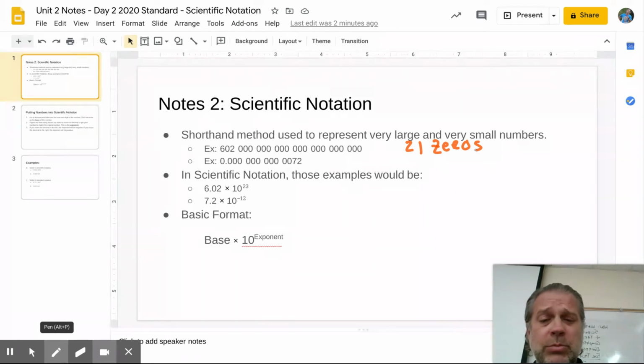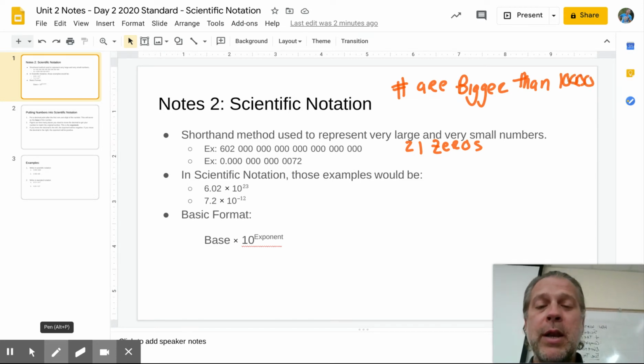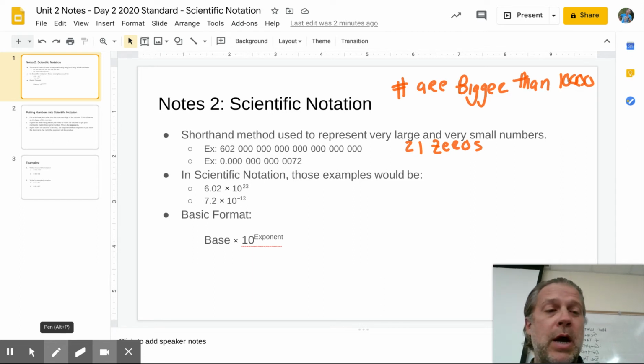So the other thing I want to point out, as long as I'm talking about numbers and zeros: generally speaking, when I talk about numbers that are bigger than 10,000, I will start to separate the digits with a space instead of a comma.